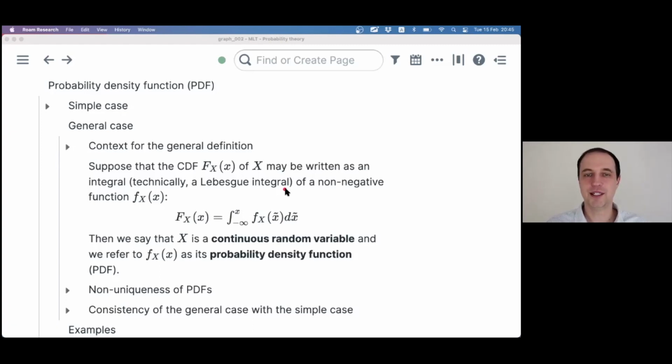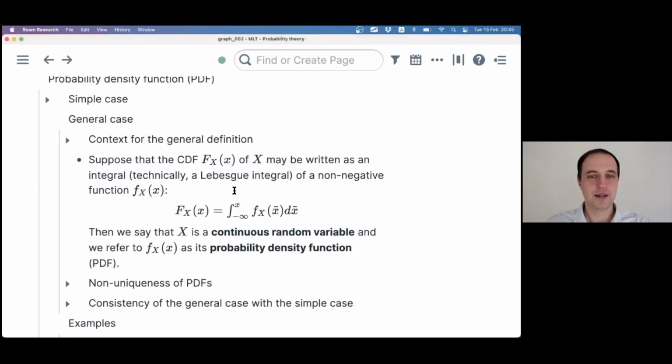But for now, let's just say that we have some way of defining integrals, and we use that here. So it will be the Lebesgue integral. All right, I think I have a lot of things to say here, but any questions at this moment?